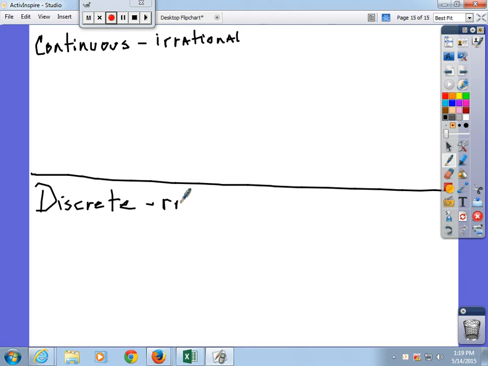And discrete is like rational. Now, if I was to ask you what irrational and rational numbers were back in high school, most people would go, oh, yes, irrational is not predictable, rational is predictable.